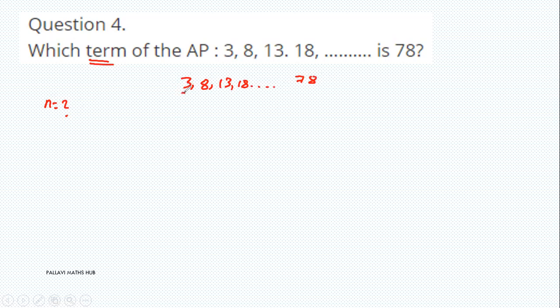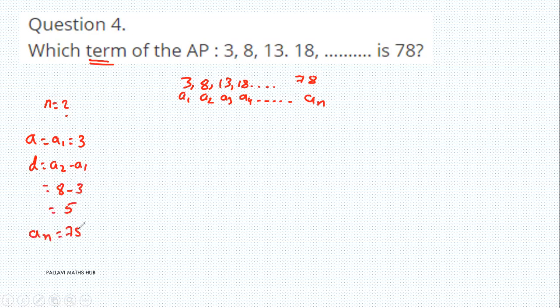So the first term is A1, A2, A3, A4 continuing up to the last term AN. First term A is equal to A1 is equal to 3. D is equal to A2 minus A1, which is 8 minus 3 is equal to 5. And AN, the last term, is 78.